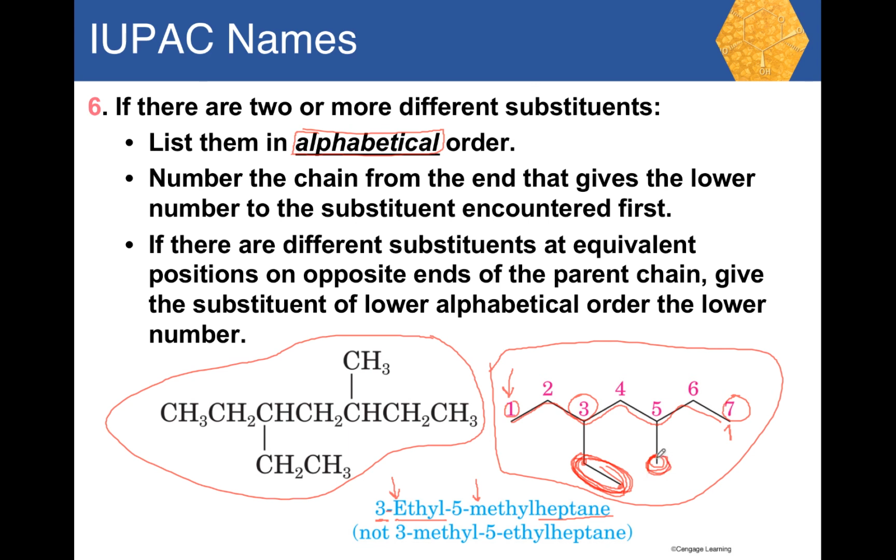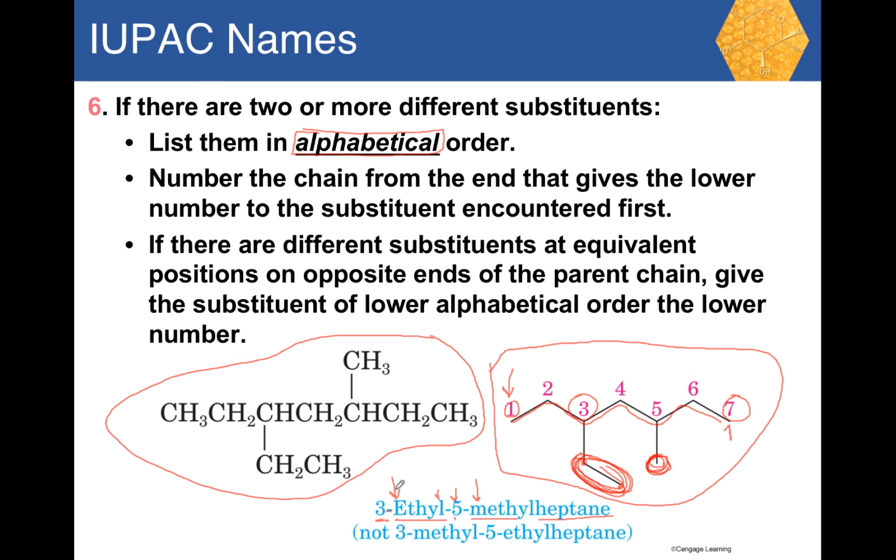And the methyl group is on carbon number 5. We separate a letter from a number with a dash, so we have 2 dashes around the 5 and a methylheptane.